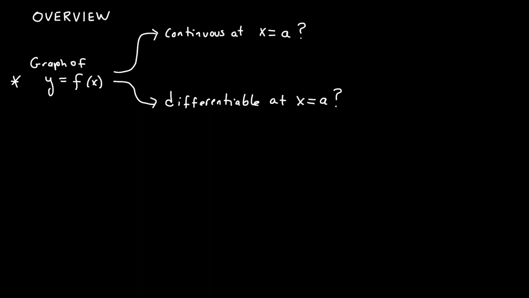If I have a graph of some function y equals f of x, I should be asking myself two questions. Number one, is the function continuous at x equals a? Now, we can do that visually by looking at whether or not we pick up our pencil to pass through the point at x equals a. So visually, that's a fairly easy task.